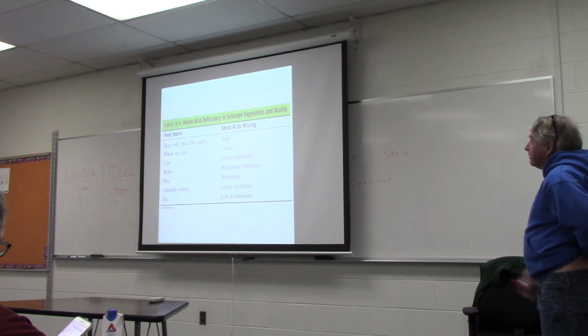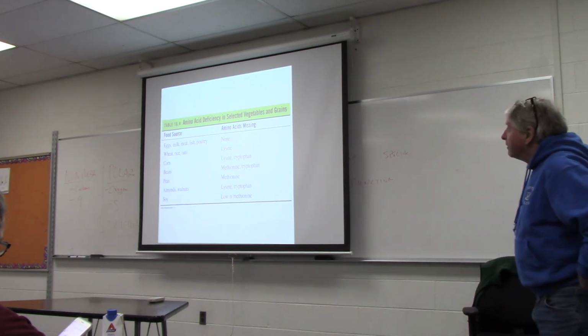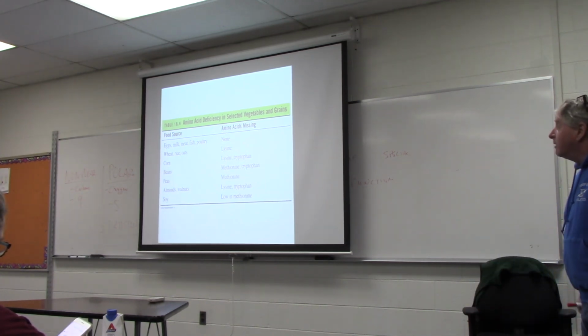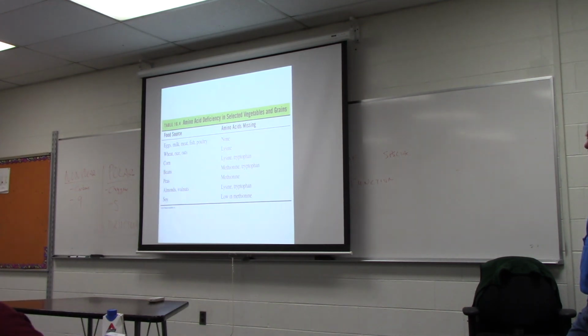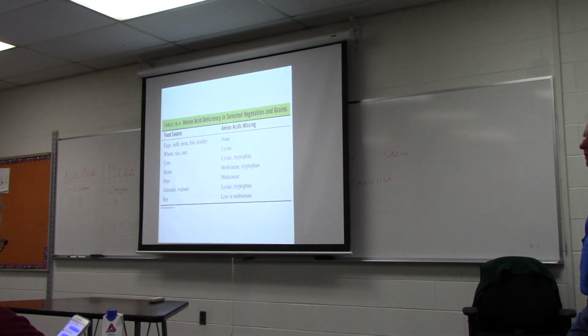All right, so here's kind of a summary of different foods and if they're incomplete or complete. At the top, eggs, milk, meat, fish, and poultry are all complete proteins. They all have the requisite essential amino acids, and the other ones you can see don't.